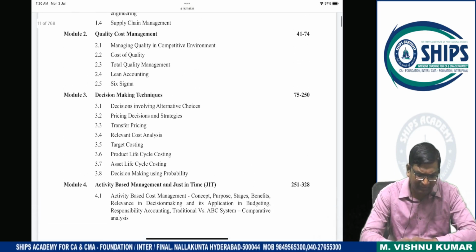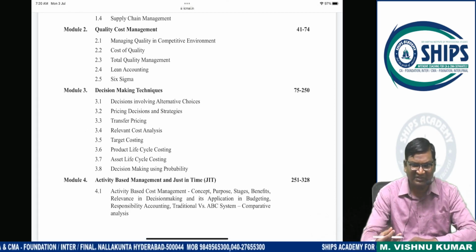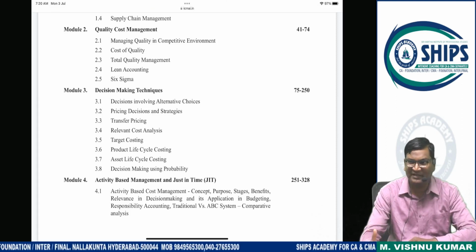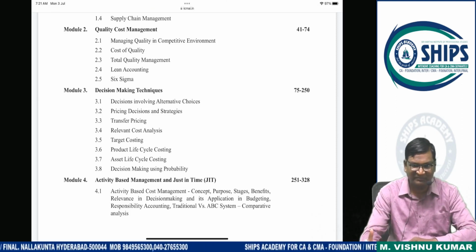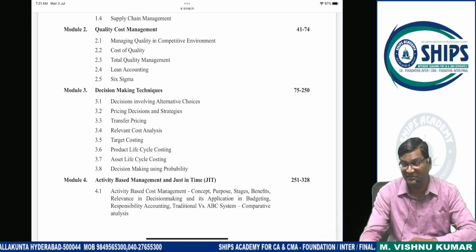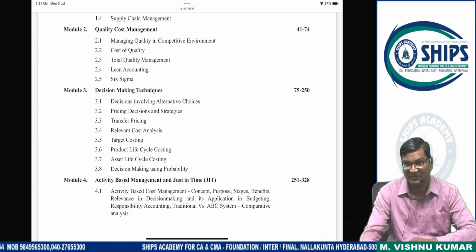Lean accounting means, suppose one student became very fat after eating burgers, pizza or unnecessary food. Starting for taste purposes, he consumes the junk food. But later on, what did he realize? Unnecessary fat is increasing in my body. Now I have to reduce this.